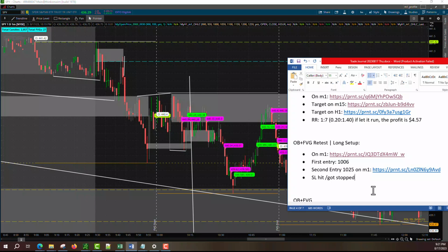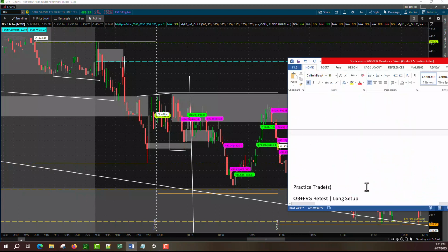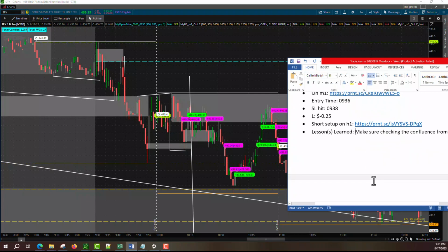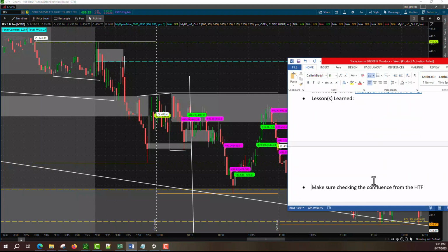So it made a retest, but why did it stop us out? So the lesson we learn is right here. Also right here. Yes, make sure, and I also think another lesson we learn right here. I want to say that another lesson we learn right here is what?